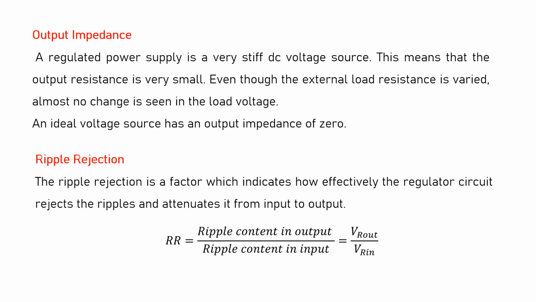Ripple rejection is given as ripple content in the output divided by ripple content in the input, which equals VR out divided by VR in. Normally ripple rejection is considered in decibels, so ripple rejection in decibels equals 20 log of ripple rejection R.